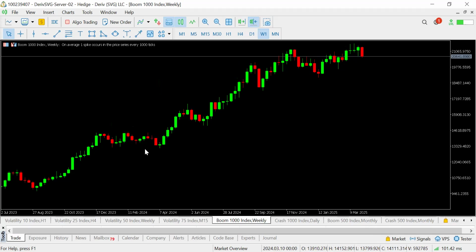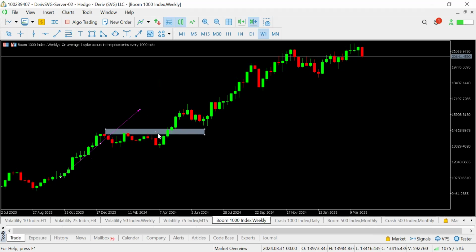Now, looking at this, in an uptrend, the market will give a simple structure of higher highs and higher lows. So we can see that this is a high, this is a high.